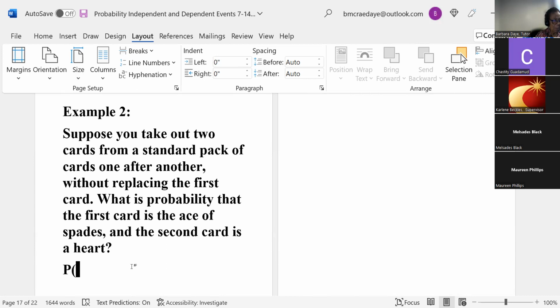Okay, so probability, and we're saying first card is an ace, and second card is a heart.